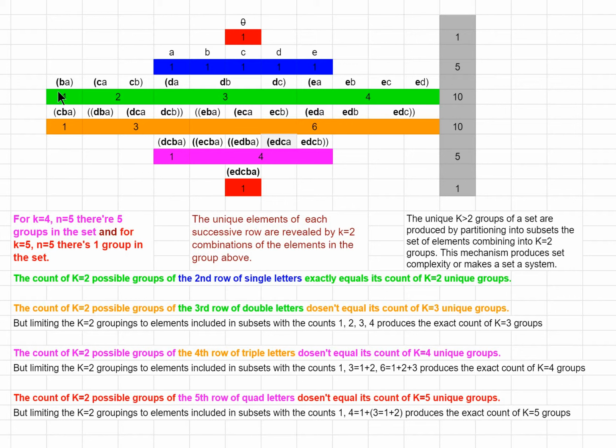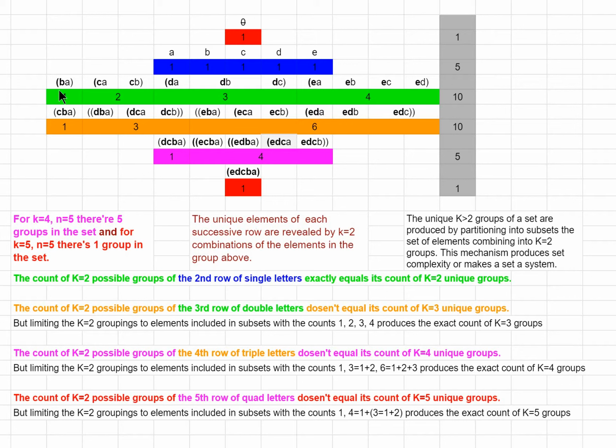For example, there's only one element in the subset beginning with B, so it produces 0 order 3 groupings. There are 2 beginning with C, and CB combined with CA will produce the 1 CBA.